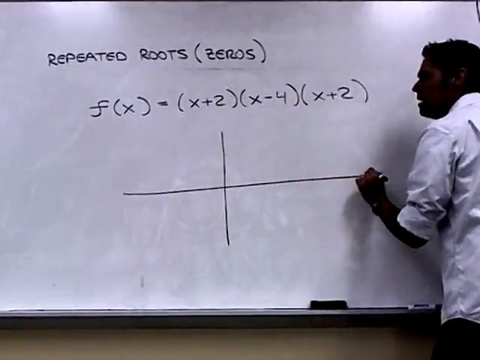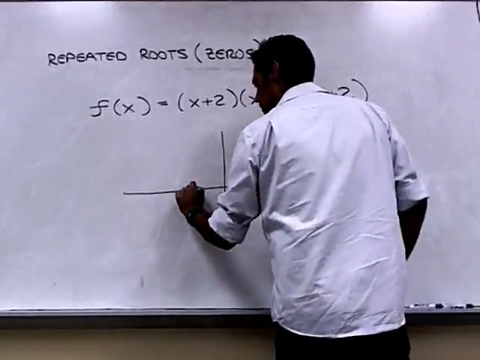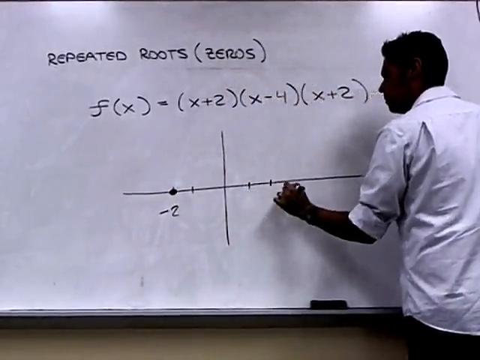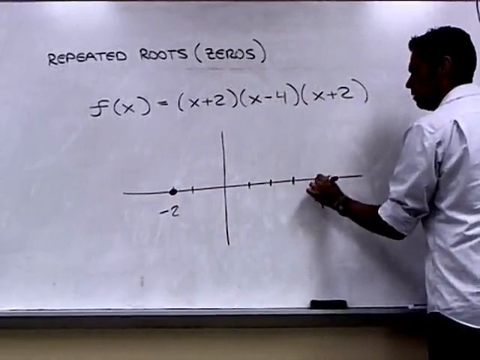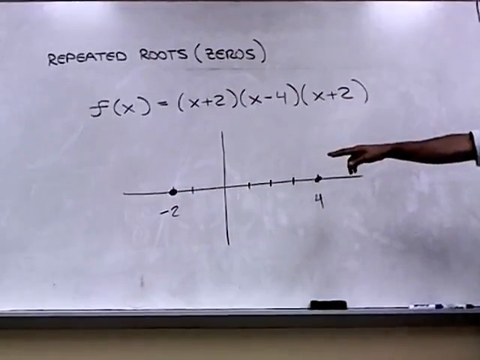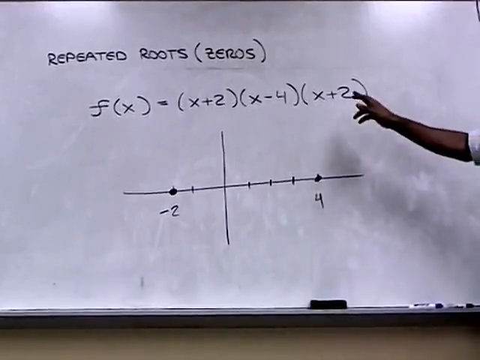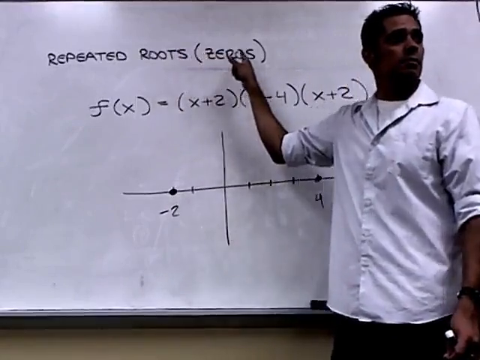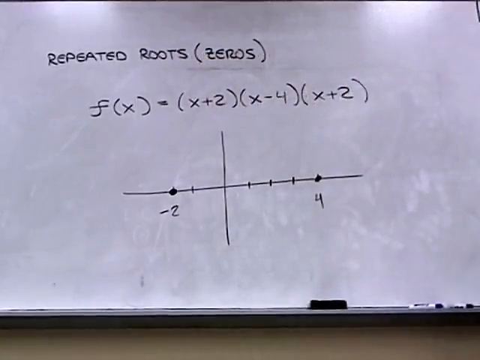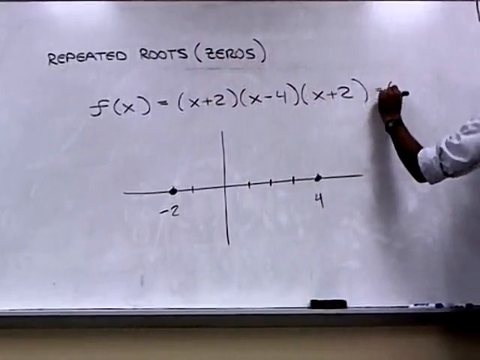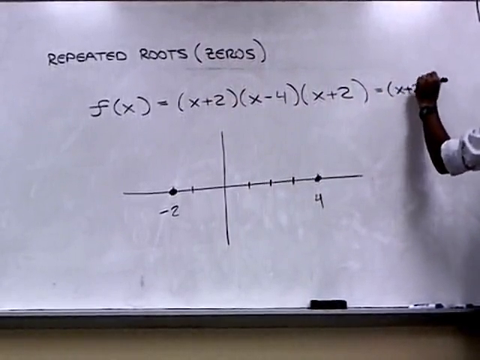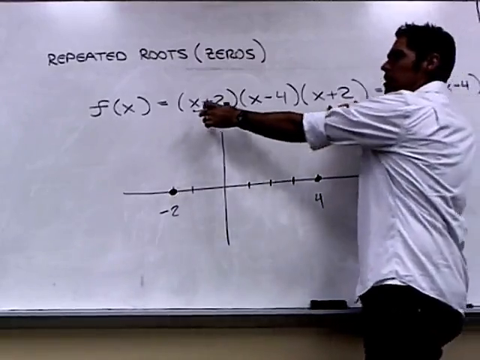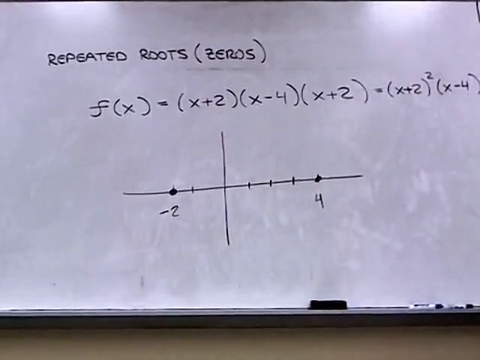At -2, that comes from here. And 4, which is from there. And -2. Wait a minute, we already have -2. Do you see right here we have a repeated root? What happens when we have repeated roots? Well, we need to rewrite this like this, right? Isn't x plus 2 times x plus 2 the same as x plus 2 squared?